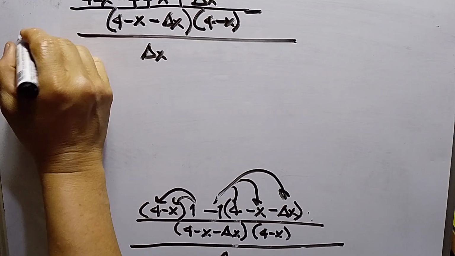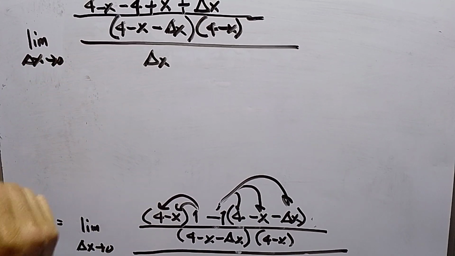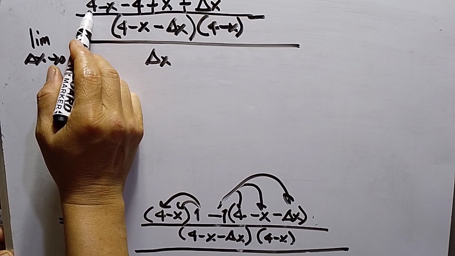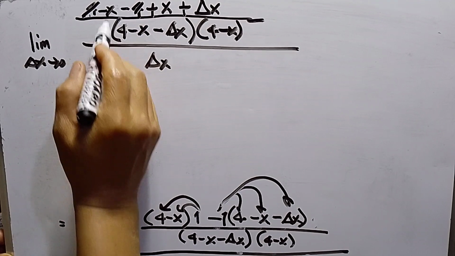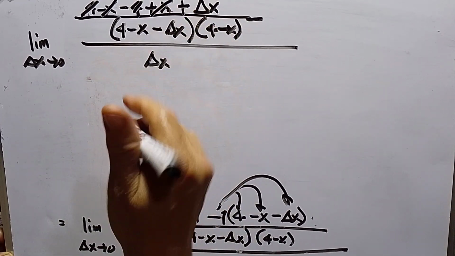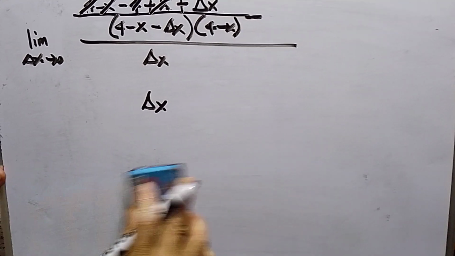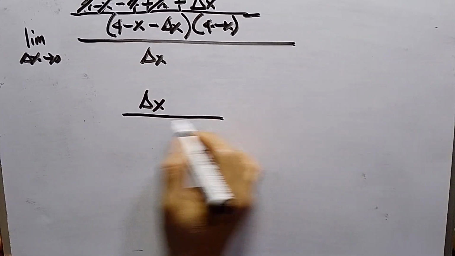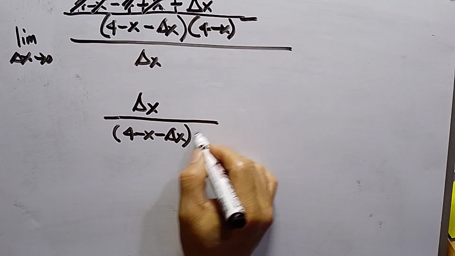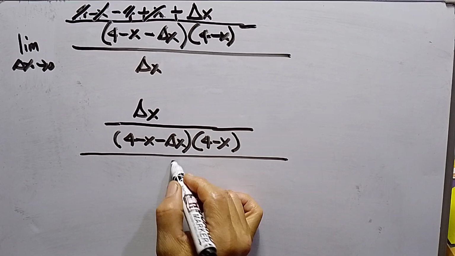To write the formal form, it should be between the bar sign, delta x approaches to 0. So 4 and minus 4 will be crossed out, minus x and positive x cross out. So I have here delta x over 4 minus x minus delta x times 4 minus x, all over delta x.